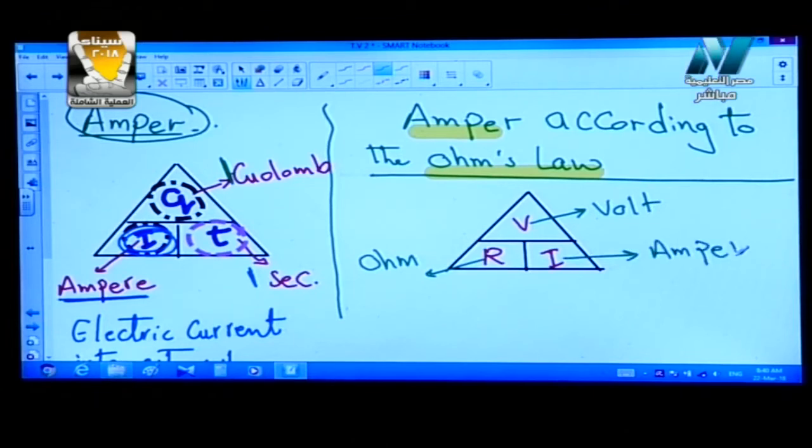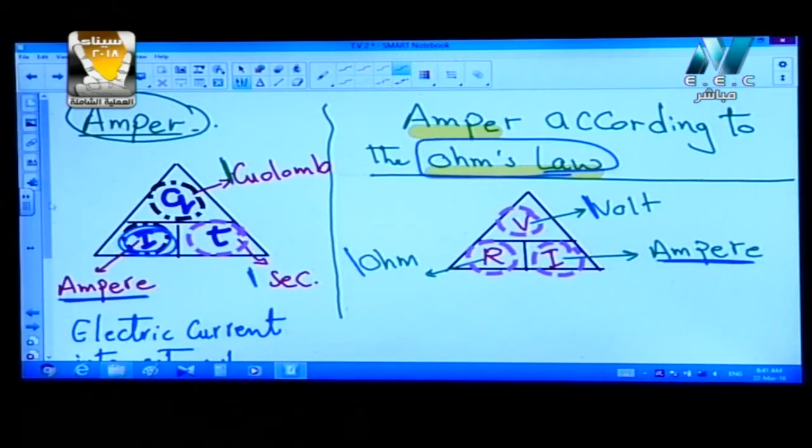And he needs the definition of ampere. I say: ampere is the electric current intensity when the potential difference equals 1 volt and the electric resistance equals 1 ohm. So we define ampere according to Ohm's law from the triangle of electric resistance.